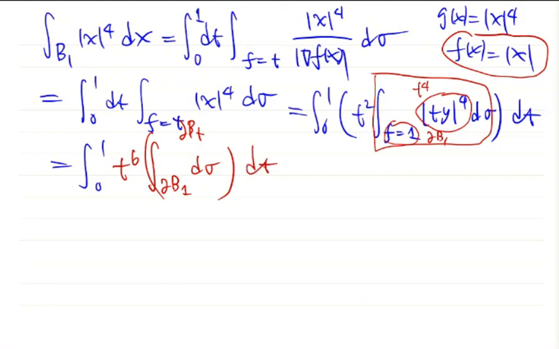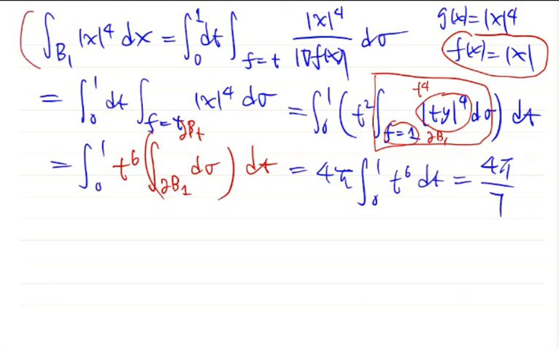The integral over the unit sphere is precisely the area of the unit sphere. We know that this is 4π. So this is 4π times the integral from 0 to 1 of t to the 6 dt. So the final result is 4π over 7. So using the coarea formula, we can easily compute this integral.